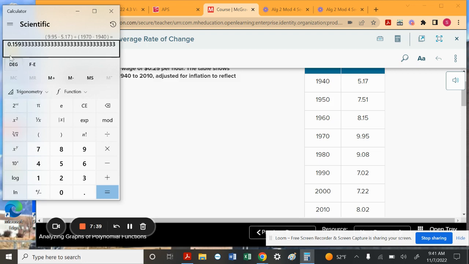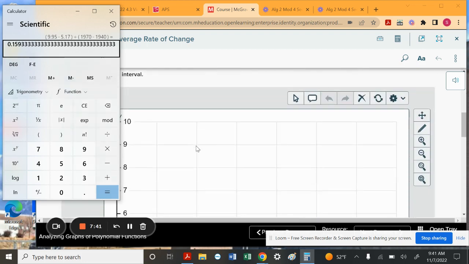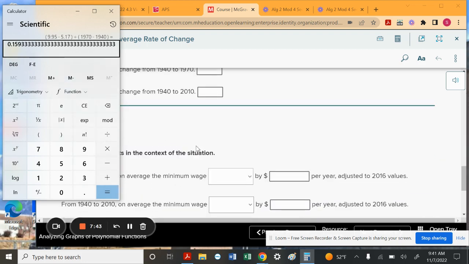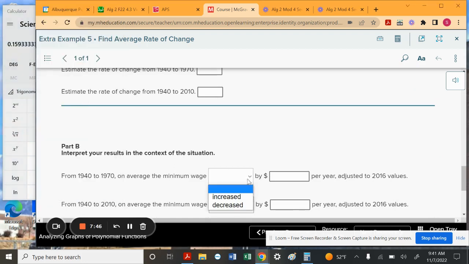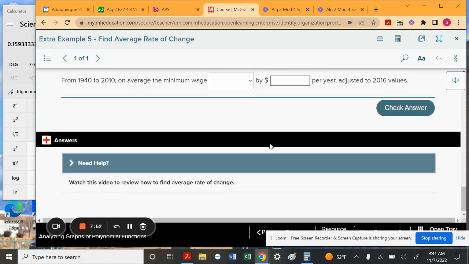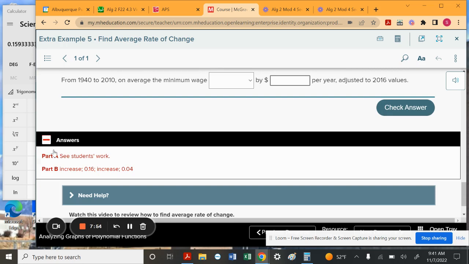Okay, it comes out really close to 0.16. So, of course, in that case, it definitely increased, and it came out to be 0.16.